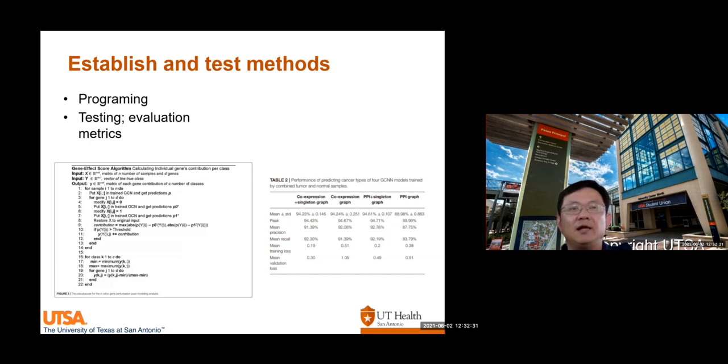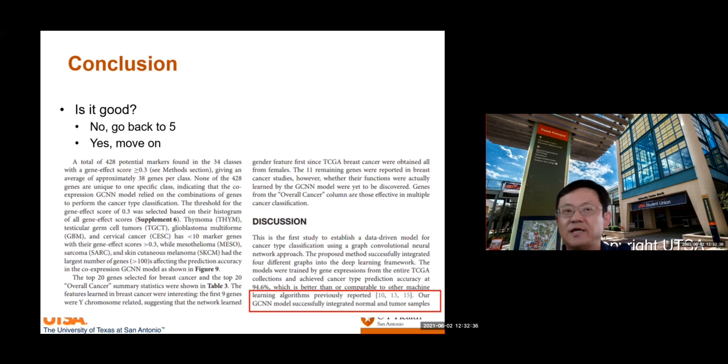Okay. All right. So once you have these test results, you want to compare with existing approaches, and see whether, for example, in this case, the GCN improves the performance of existing algorithms, right? And if it does, then we're pretty happy, we move on to write a paper.